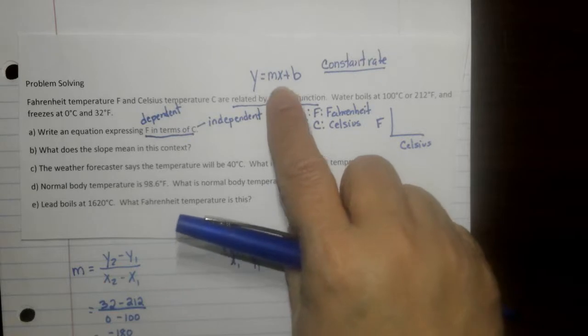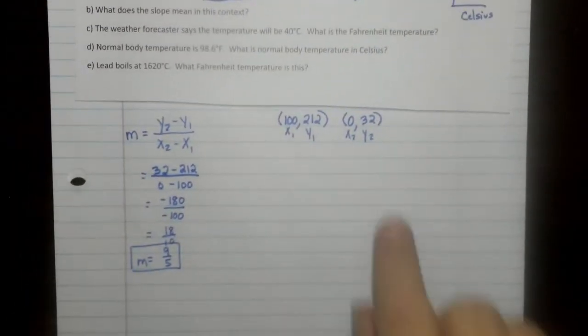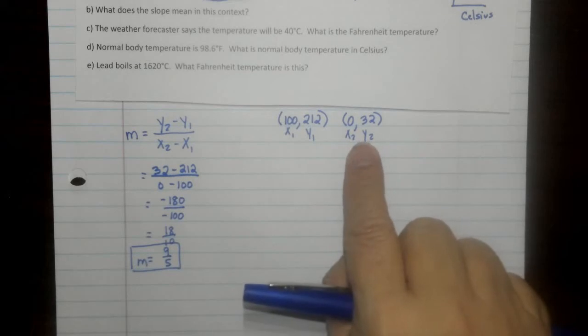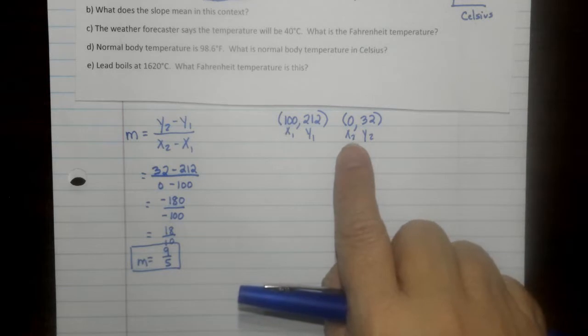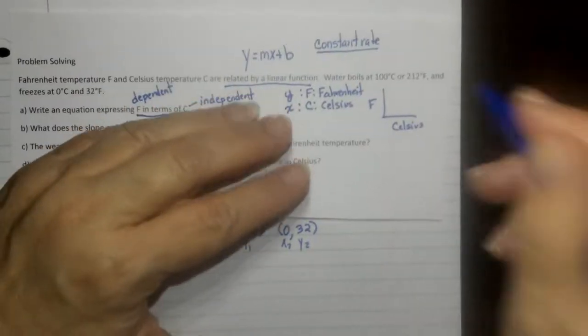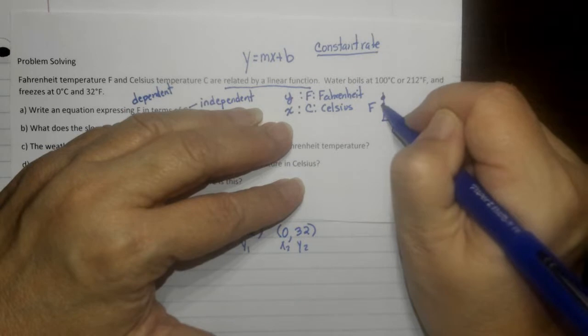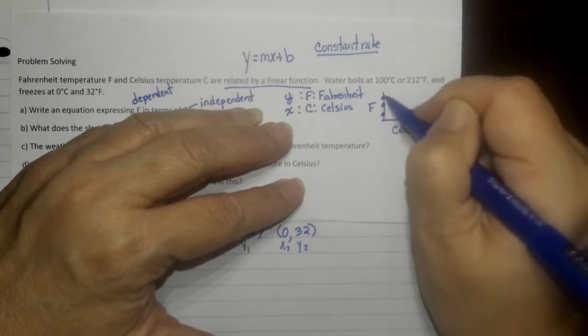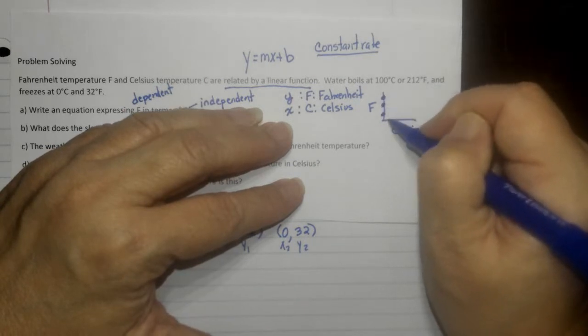Now, looking back again at slope-intercept form, I need to know my y-intercept. Well, in this word problem, I actually know my y-intercept. The y-intercept happens whenever x is 0, right? Look at a graph. Wherever you cross the y-axis, isn't x equal to 0? Yes.